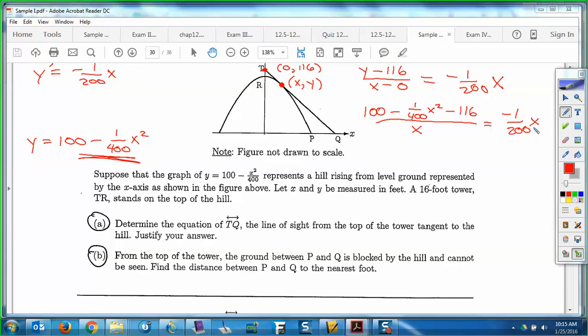So, suggestions? Multiply the x over to this side. So that would make that squared. Now this would be gone. Any ideas now?